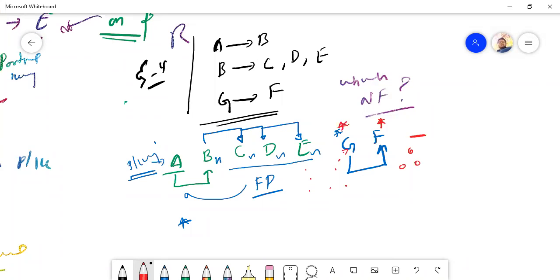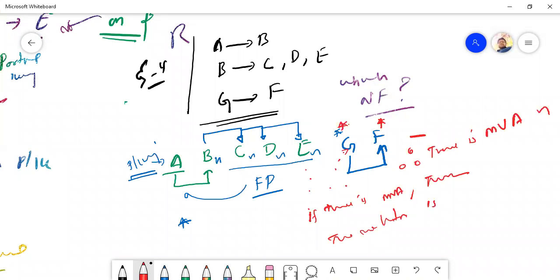So there is a multi-value attribute, right? If there is a multi-value attribute, then the relation is not in 1NF.